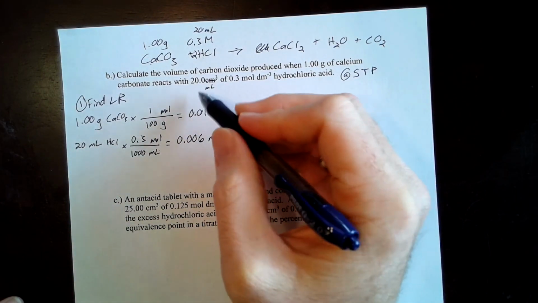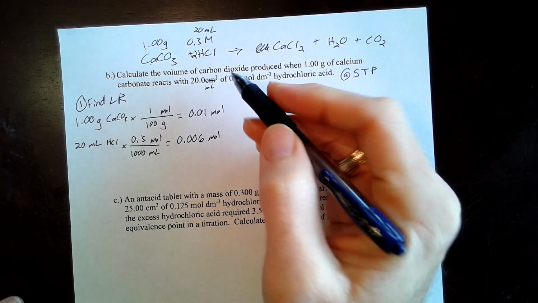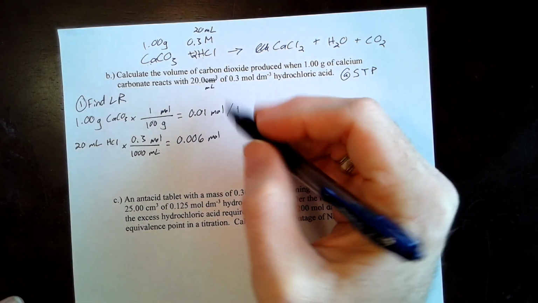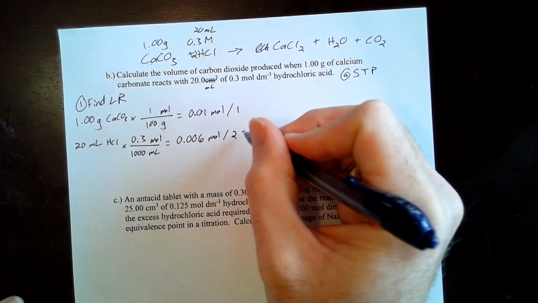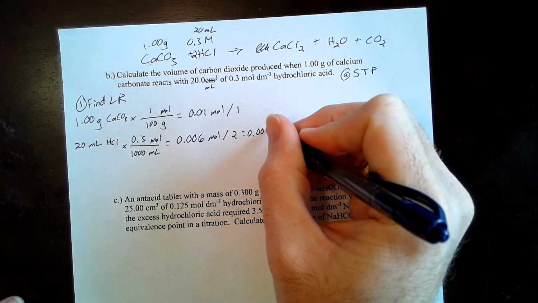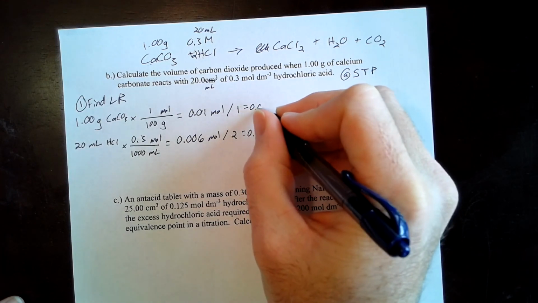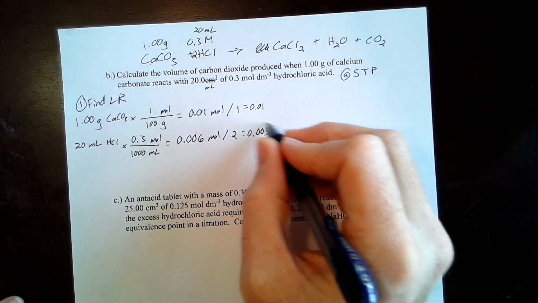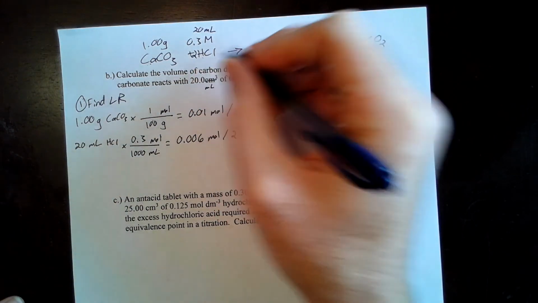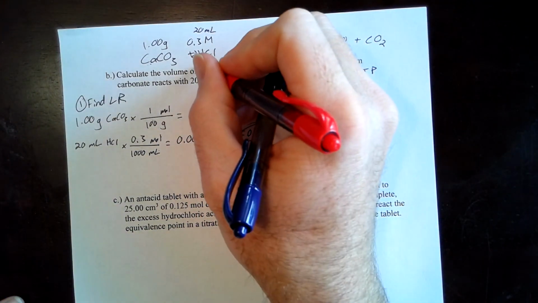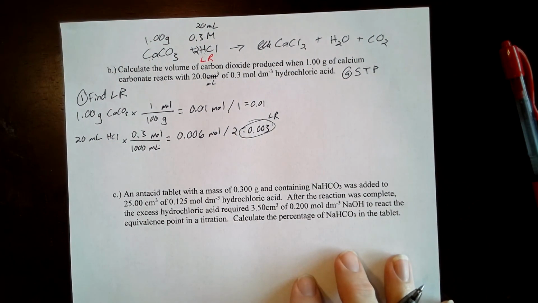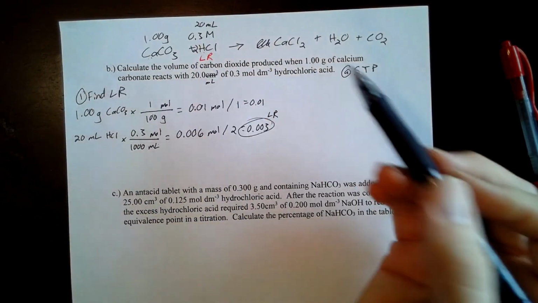Remember what I told you? Divide it by its coefficient. The coefficient of calcium carbonate is 1. Coefficient of HCl is 2. So that's 0.003, and that's still 0.01. The lowest number is going to be your limiting reactant. So go ahead and write an LR underneath it. That can help.